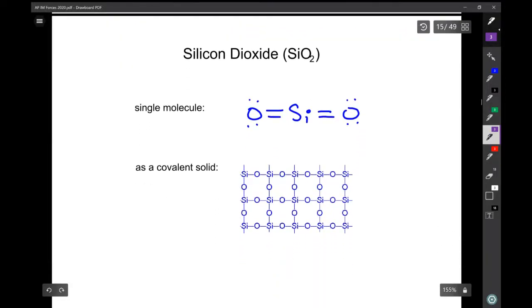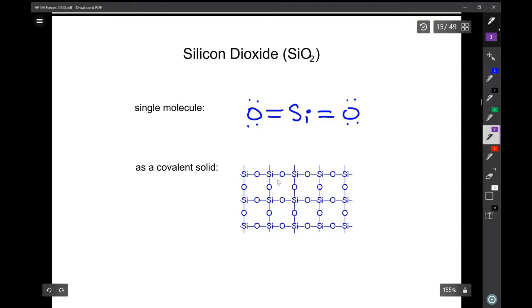This is another example of a covalent network. This one looks a little bit different. If you look at silicon dioxide, if you sketch just a single molecule of silicon dioxide, it looks something like this. But if you look at the solid structure, what really happens is, with the oxygen, instead of these double bonds, one of those bonds will pop off of the one oxygen and hook to another silicon.